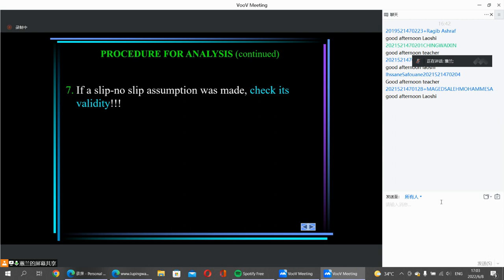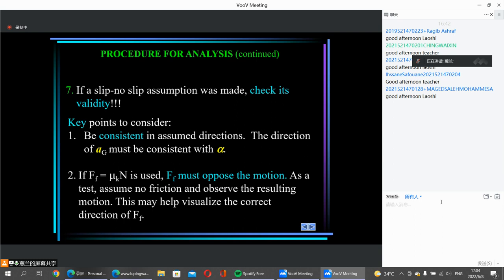And so let's say the procedure. Okay. Again, it's very important that the assumed directions should be consistent with each other. That means the direction of aG should be consistent with alpha. The direction of the acceleration of the mass center should be consistent with the angular acceleration.